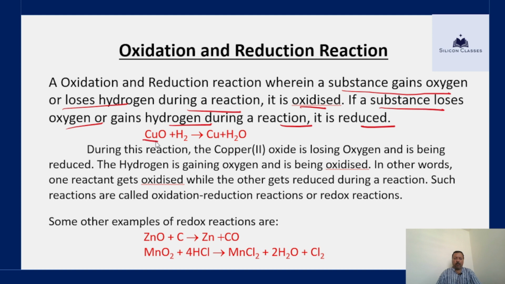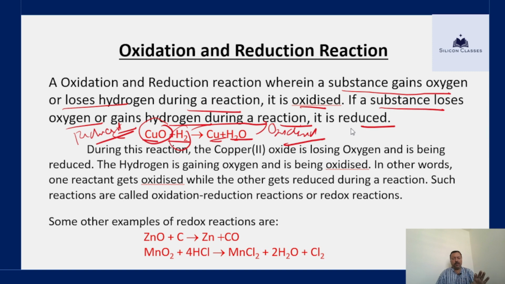Here, copper oxide reacts with hydrogen to form copper and water. Here, copper oxide loses oxygen to form copper. That is, copper oxide is being reduced. Hydrogen gains oxygen to form water. So as per definition, hydrogen is being oxidized during the reaction to form water.